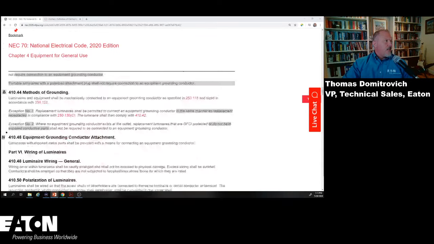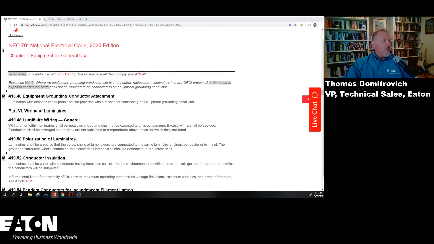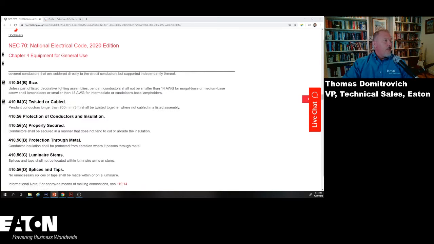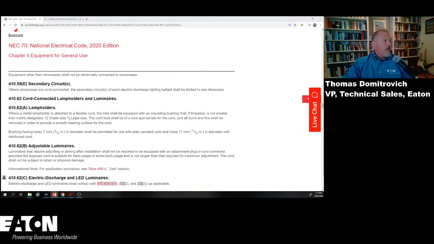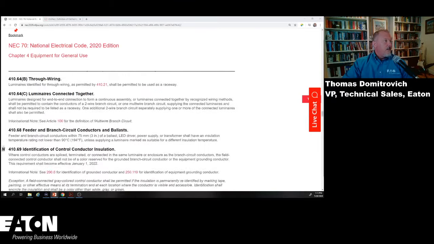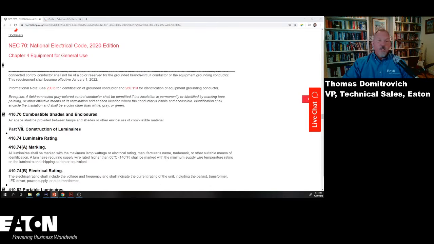Part 6 says wiring of luminaires. So it doesn't say any specific type of luminaires. It's just wiring of luminaires. And if we look at .70, it tells us airspace shall be provided between lamps and shades or other enclosures of combustible material. So that's another example point.